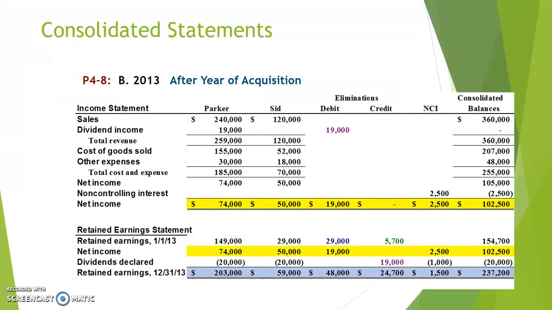Now the final, we would simply do the consolidated statements by totaling. We total our sales, we eliminated our dividend income, we get total revenue of 360, and cost of goods sold is totaled here. Now, what you would have noticed is the net income of 50,000, we would have calculated 5% of this, and that is the NCI share of $2,500. That is deducted from the net income, so that we have the net income now going to 102,500.